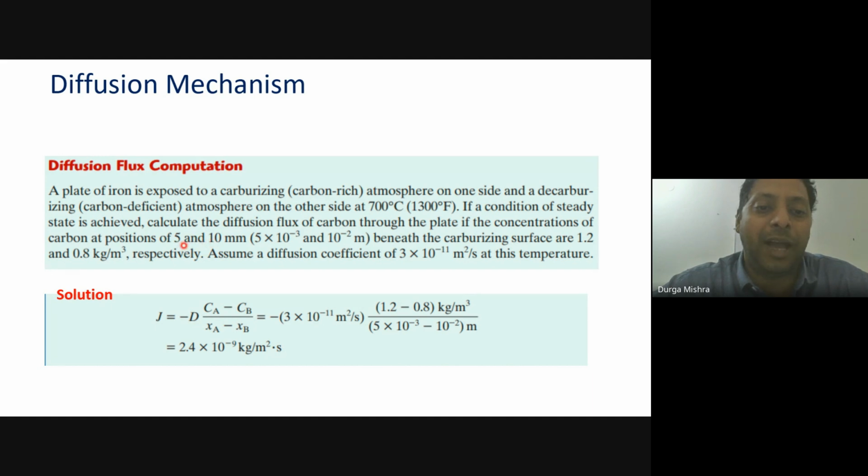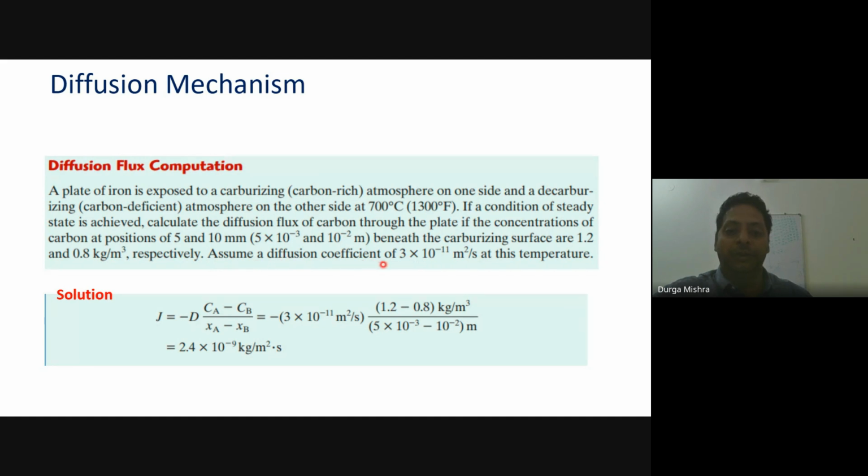That is 5 and 10 millimeters, so this is 5 millimeter thick. Then you need to know the concentrations. The concentrations are 1.2 and 0.8 kilogram per meter cube. This is concentration, per unit volume, whatever the mass per unit volume. That is what we are calling the concentration.